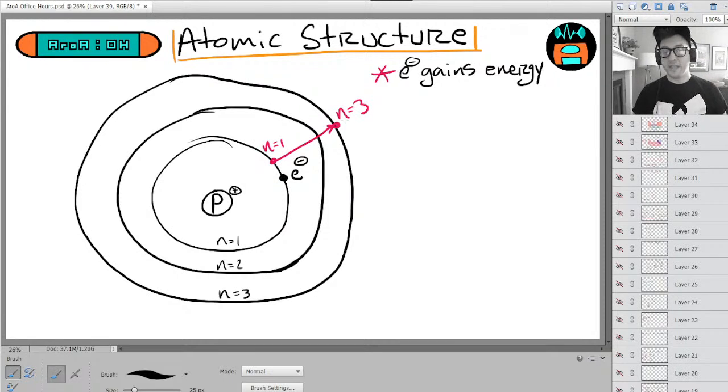Energy is gained. Flip side of this coin, if you start at a high energy shell and transition to a low energy shell, the electron releases energy.